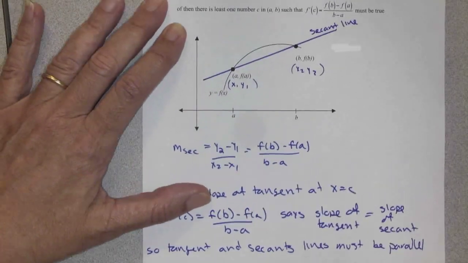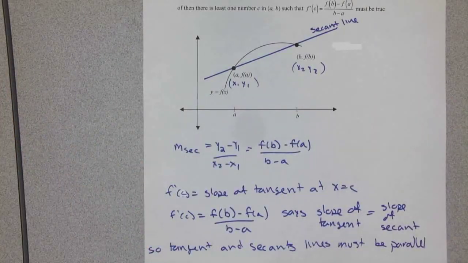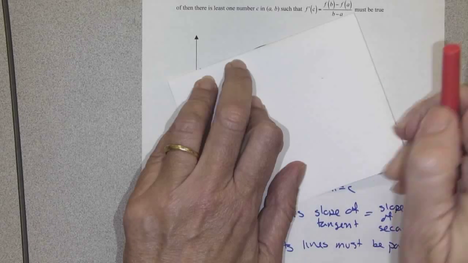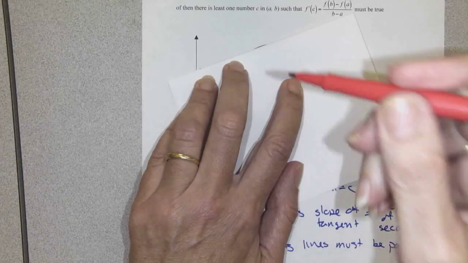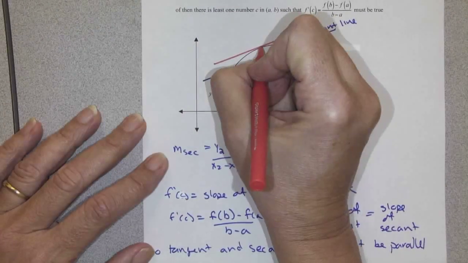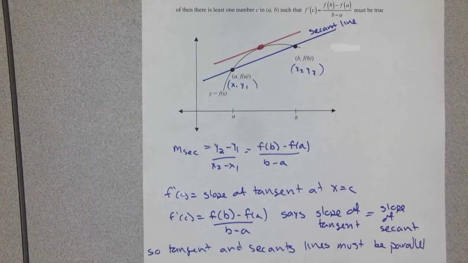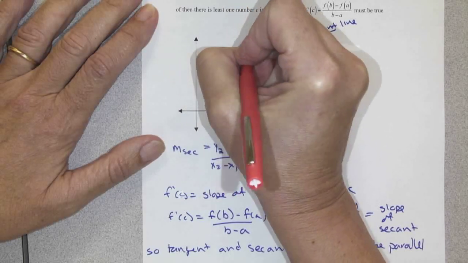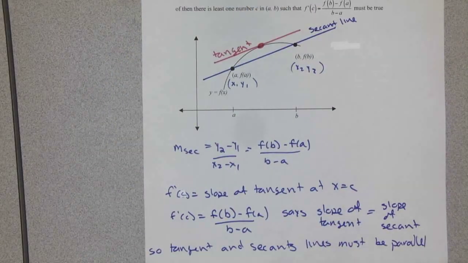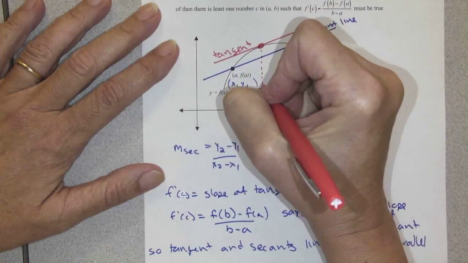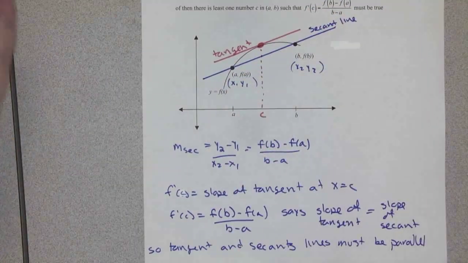So I go back up and look at my whole picture. Notice if I draw a line right there and call that my tangent line, I do find a place where they're equal. And so that c that they're talking about in this picture is right there.